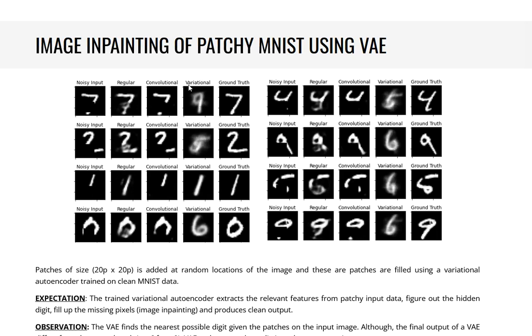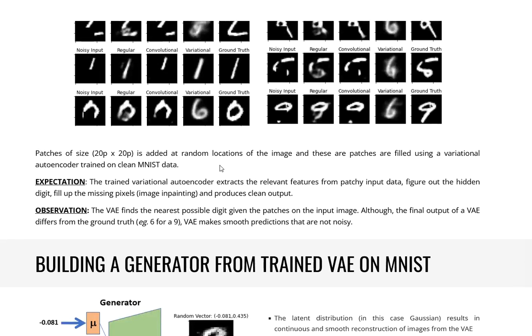Whereas a variational autoencoder tries to make a prediction that is more or less continuous, and that will closely resemble an actual face of a person. So although the variational autoencoder does not give you exactly what is expected from your ground truth, it nevertheless tries to give you a prediction that is much more sensible, given the input that you're providing to the encoder.